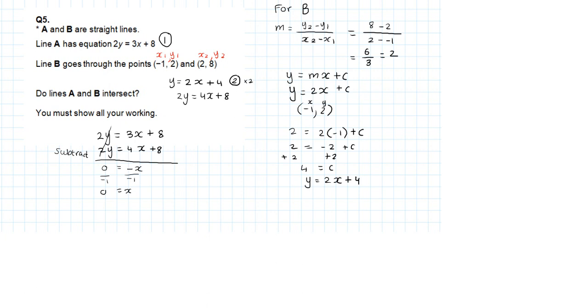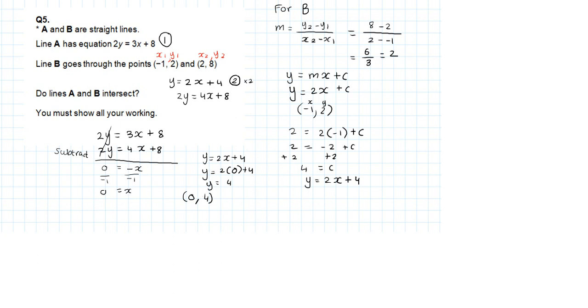And when x is equal to 0, we substitute in for y. Which equation should we use? I'm going to use the second one, y equals 2x plus 4. So y is equal to 2 times 0 plus 4, which is y equals 4. So the coordinates at which these two lines meet is 0, 4.